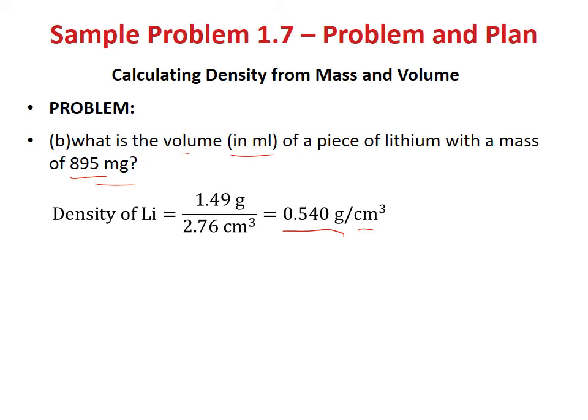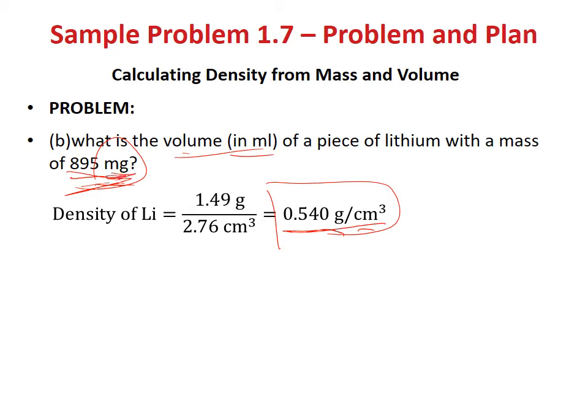Now, this is a typical question to use density as a conversion factor to convert between volume and mass, or mass to volume. Here, given is the mass in milligram, and we want to convert it to volume using density as a conversion factor. But first, let's look at the unit.